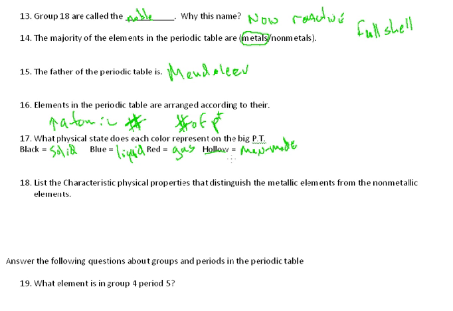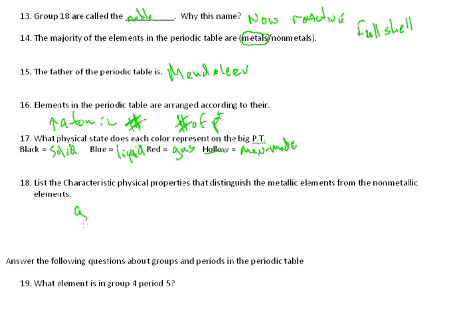So the hollow doesn't really necessarily show a state. We can have man-made elements that are gases. In fact, most of the man-made elements are made in such small quantities to not really have a state of matter whatsoever. So let's list the characteristics and properties that distinguish metallic elements from non-metallic elements.